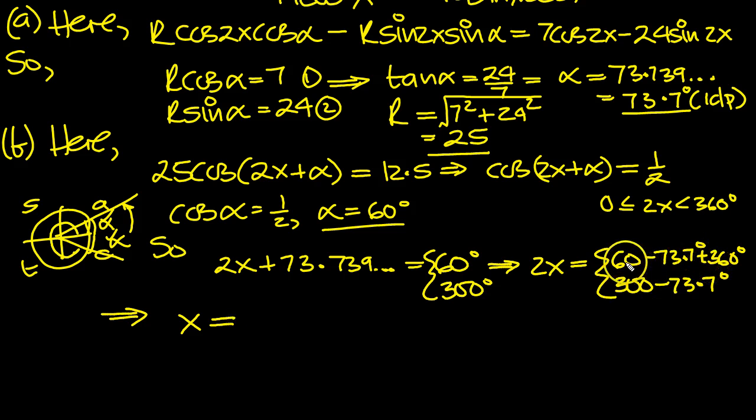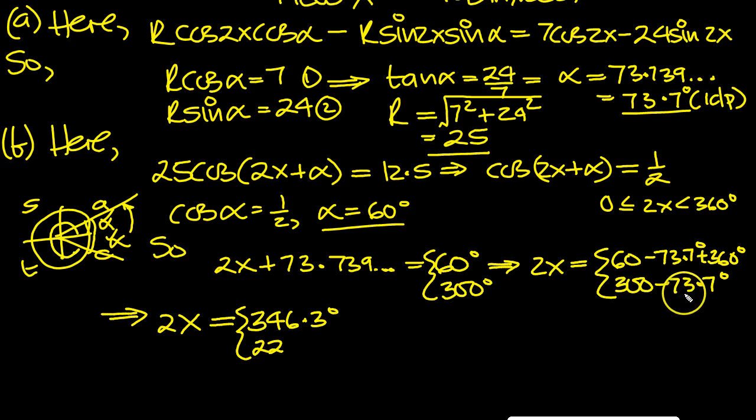Basically we've got, this is minus 13.7, plus 360, so this is 2x equals 346.3 degrees. And also this one is 226.3 degrees.